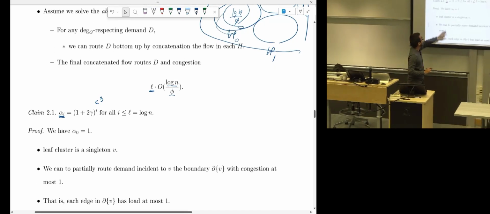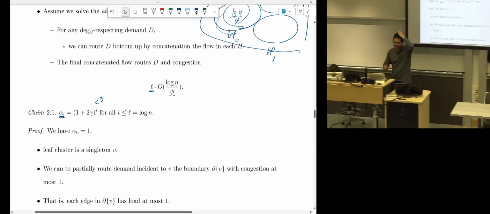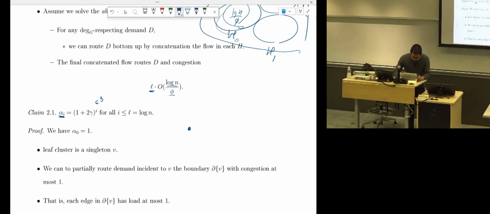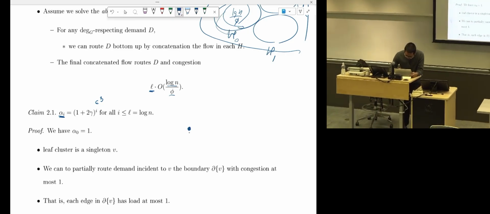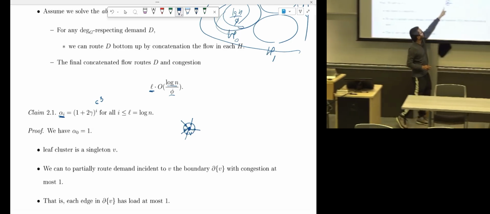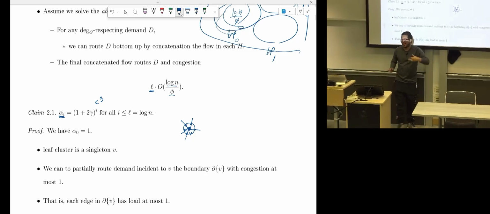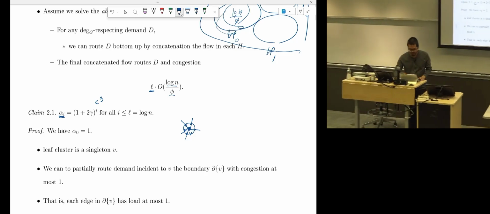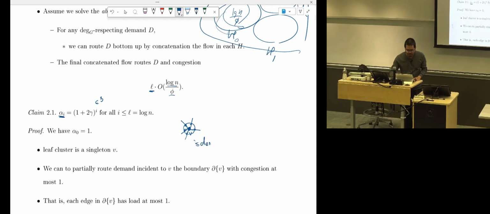Because at the bottommost level, when the leaf cluster is just a singleton node, and you just need to route to someone else from V, you can do this just by routing to the incident edges, and you know that you want to route at most the degree of V in total.